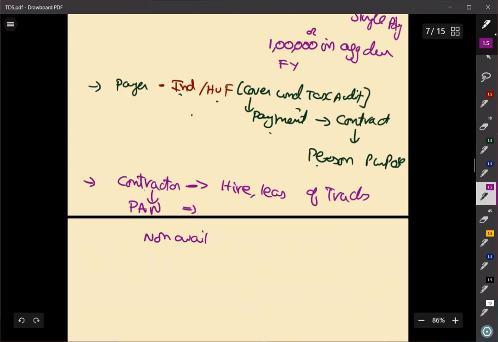Non-availability of PAN number will result in TDS at 20%. That's the next exception we need to consider. So these are purely the exceptions where TDS is not required to be deducted in case of section 194C.